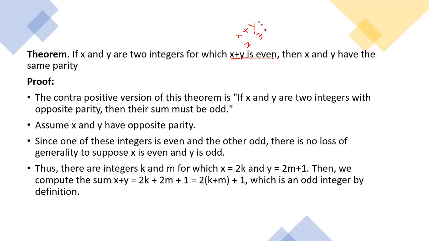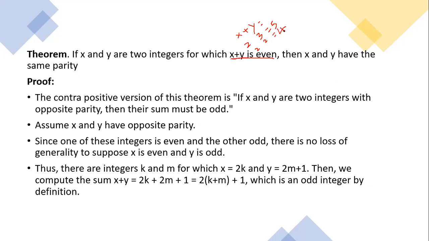Then what is the output? That is 5, right? Is this odd or even? Odd number, no? And if both values are even, 2 plus 2, definitely I will get an even value.